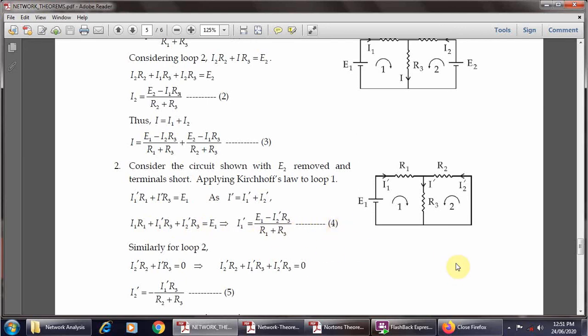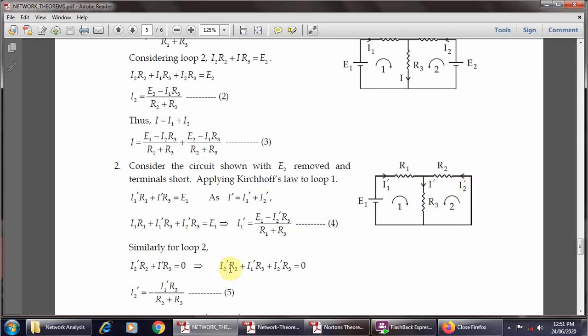Then similarly for the second loop. In the second loop there is I2 dash R2 plus I dash R3 equal to 0. But I dash is equal to I1 dash plus I2 dash.